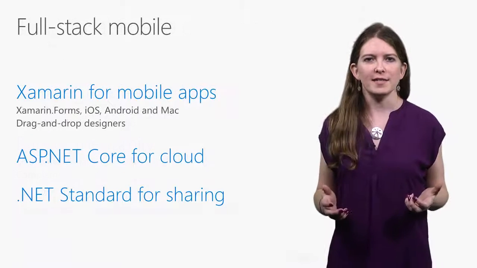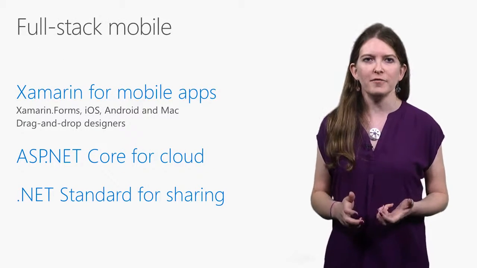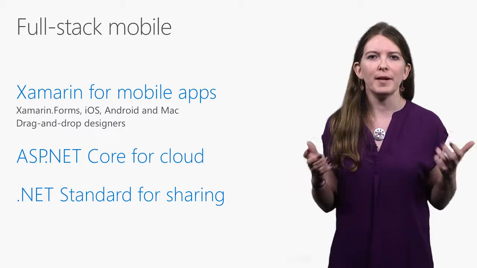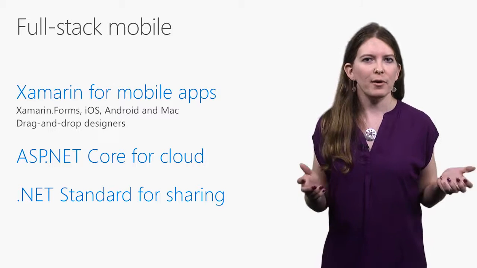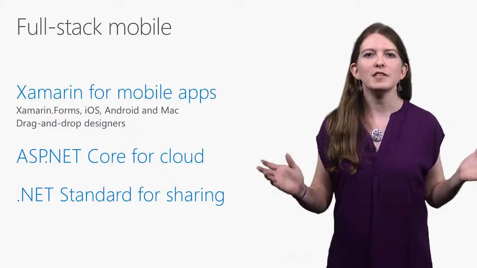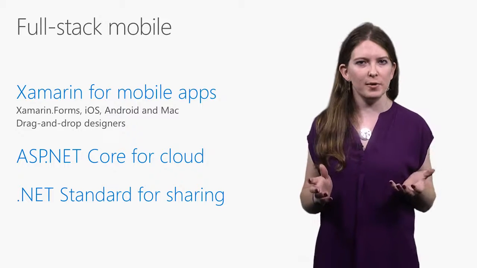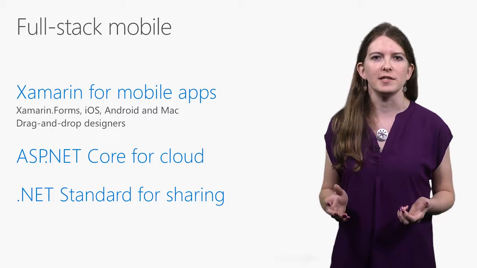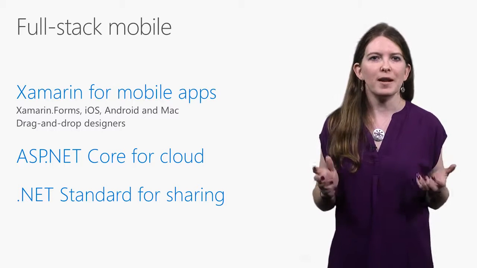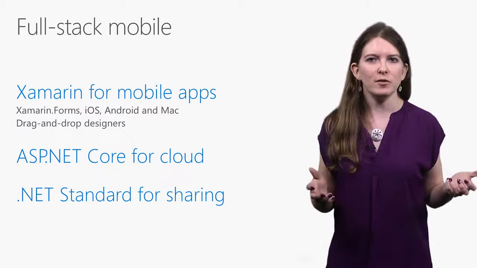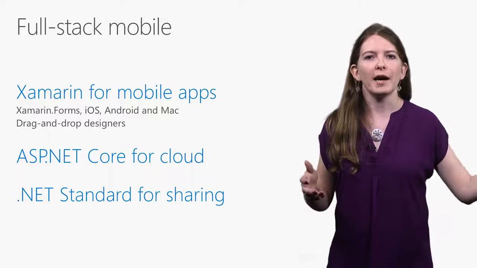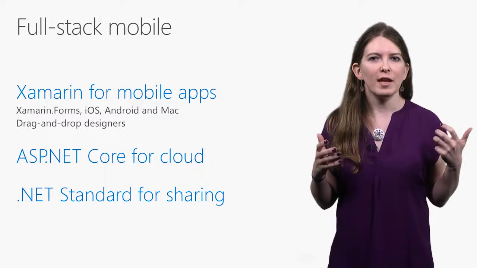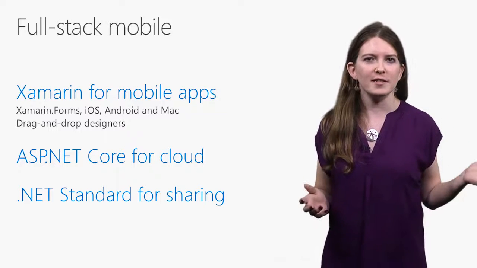Visual Studio for Mac is tightly focused on mobile-first, cloud-first development, and you can develop for the whole stack right from one place. There's Xamarin iOS and Xamarin Android for building native mobile app experiences in C#, with drag-and-drop visual designers to help you build high-quality user interfaces. There's the cross-platform UI library, Xamarin Forms, to help you share more code between iOS, Android, and UWP, with XAML UI markup and a live preview of how it will look on various devices.